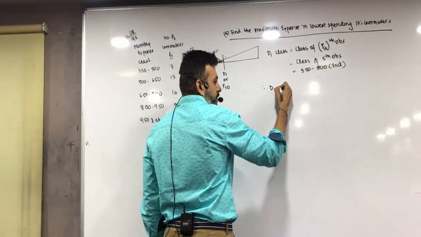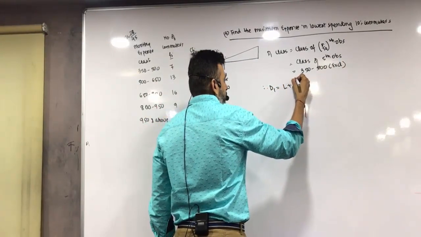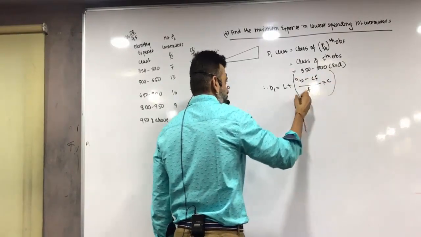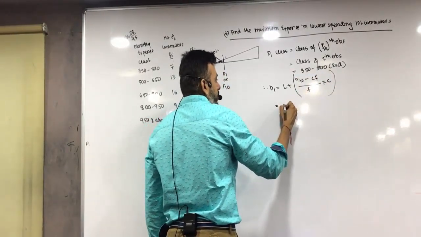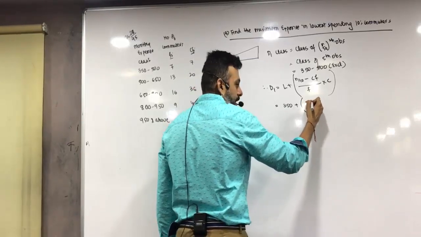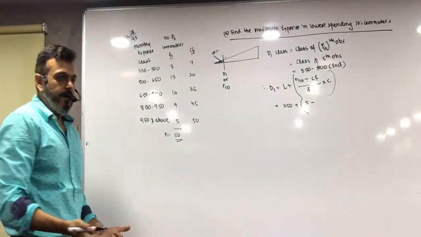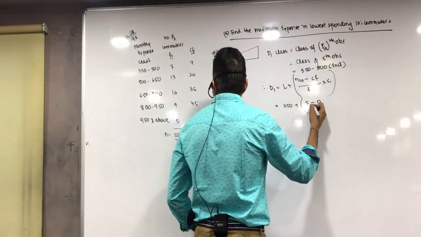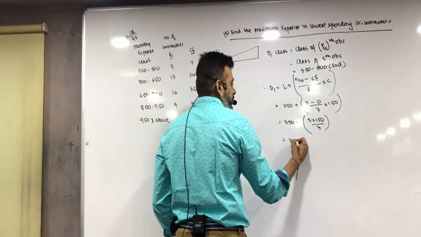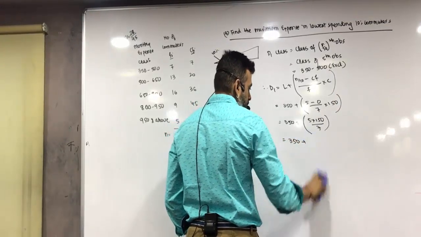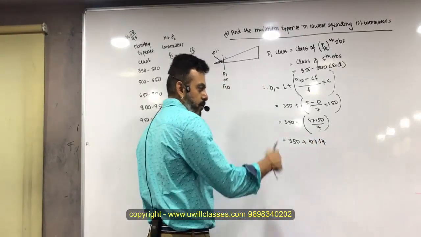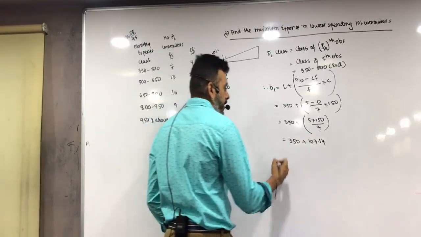Therefore, D1 is equal to L plus (n by 10 minus CF) upon F into C, which is 350 plus (5 minus 0) upon 7 into 150. 350 plus 107.14.